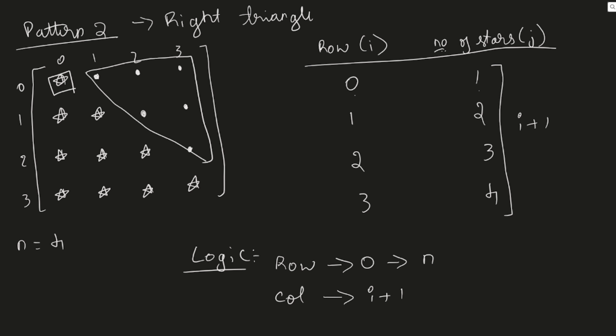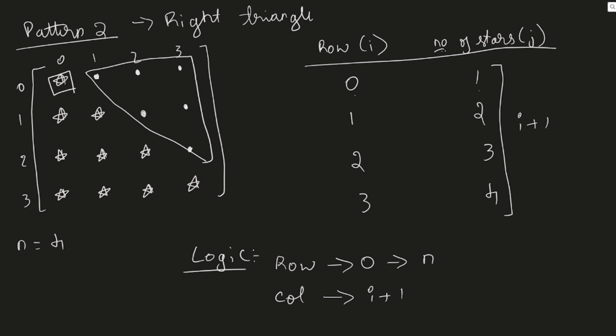Column. Row we already have 0 to n. Column 0 to I plus 1. Sorry, this should be row plus 1. Yep. I call this. Let me just comment this out. Pattern 2.